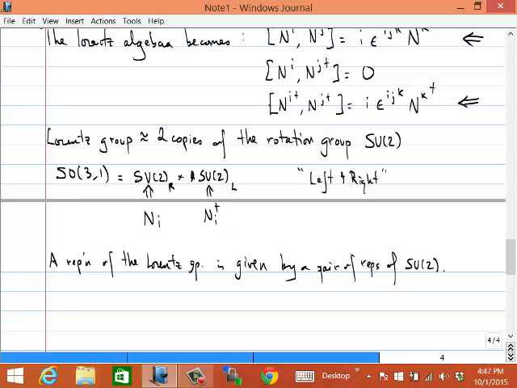So remember, what are the representations of SU2? Well, there's one representation of SU2 for every natural number. So, for example, there's the spin 0 representation, which often is referred to as the 1 of SU2.